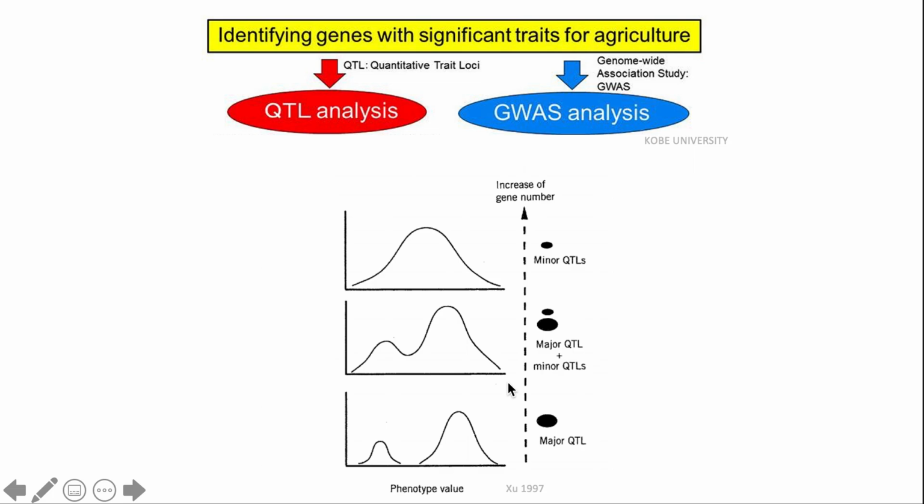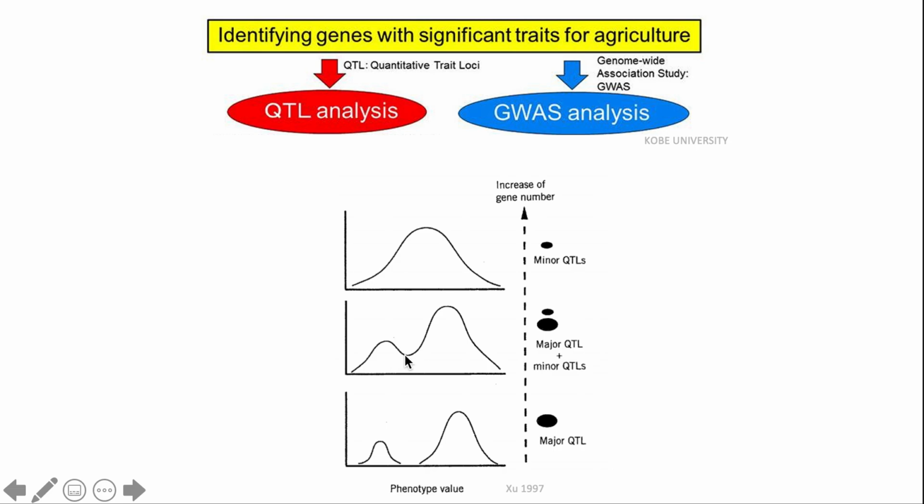Also, we can have phenotypes that have major QTLs, but also have minor QTLs, and in those phenotypes, the difference is between the lines that have the major QTL, the positive QTL, and the negative QTL. When I say negative or positive, that is the good allele and the bad allele for that QTL.